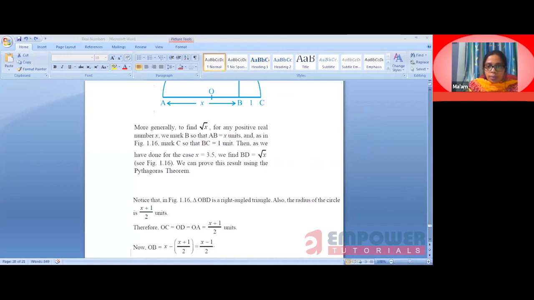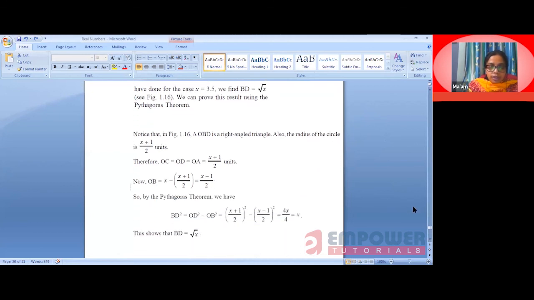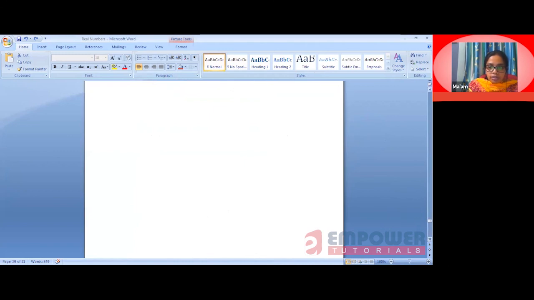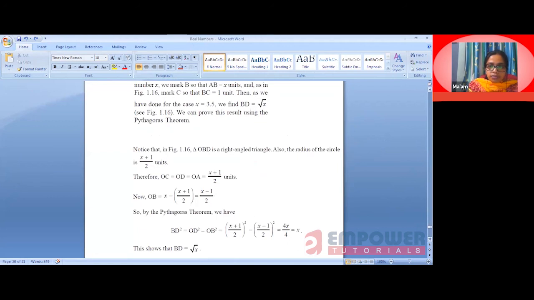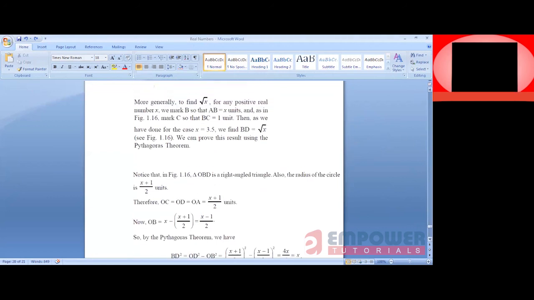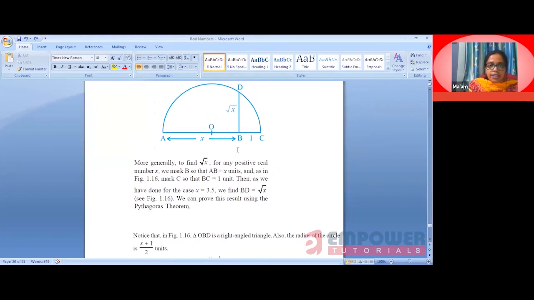Now, using the Pythagoras theorem, we are going to find out the value of BD. If you see, we need to find out the value of BD, this value. BD square is equal to what?